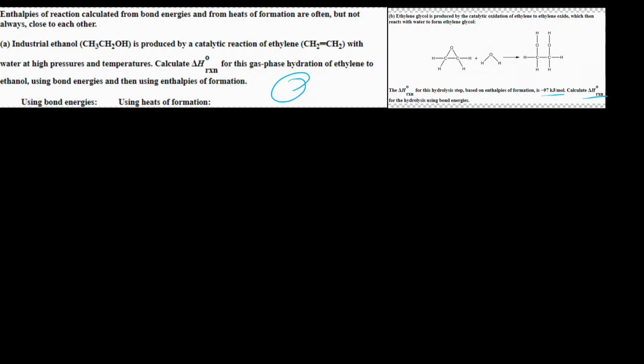So for the ethylene oxide, we have 4 CHs, we have 1 CC, we have 2 COs. So 2, 1, that's 3, 4, 7. So 1, 2, 3, 4, 5, 6, 7. So we did that correctly. And then we have 2 OHs.